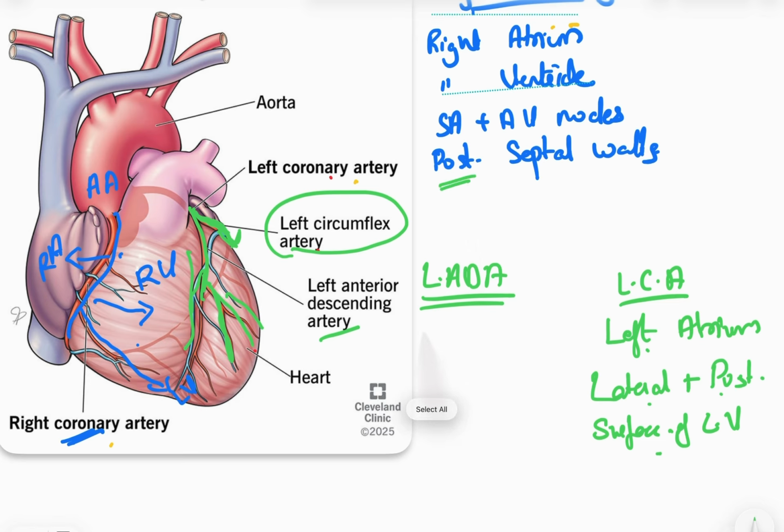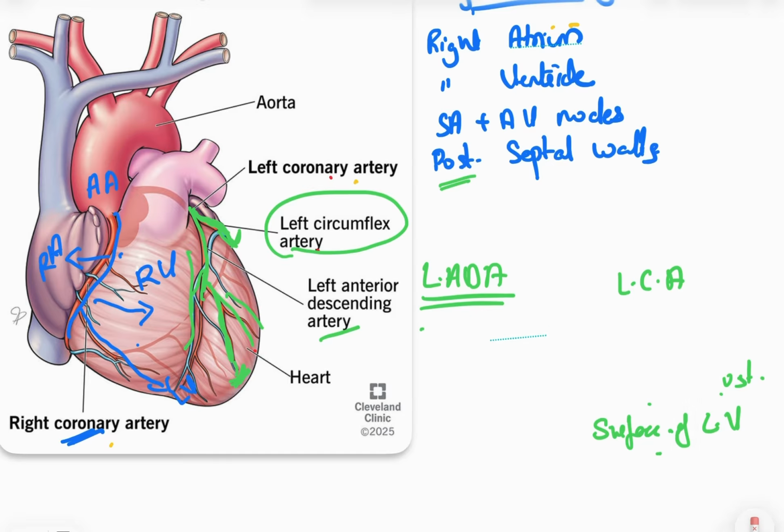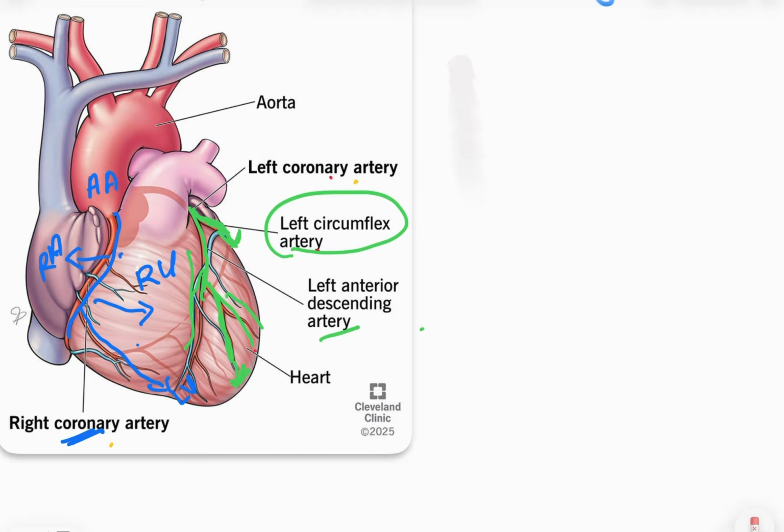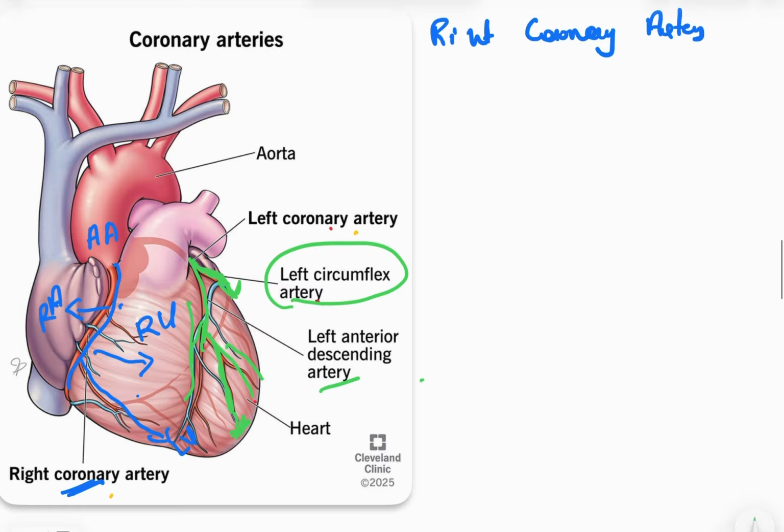So the anterior ventricular septum is supplied by the left anterior descending artery, and also the apex of the left ventricle. The most common question asked from this topic is about the left anterior descending artery. Do you know why? You have heard about myocardial infarction, or MI.